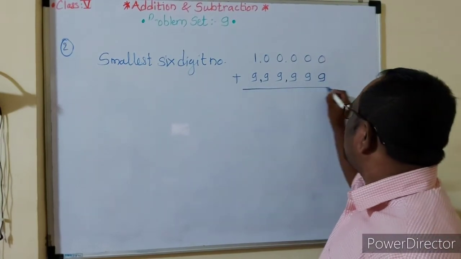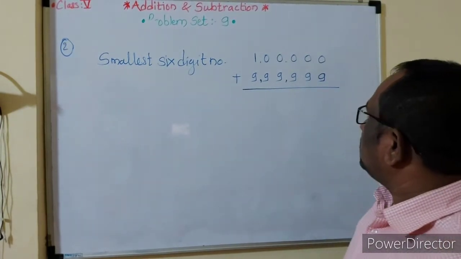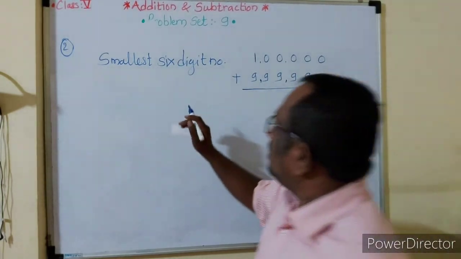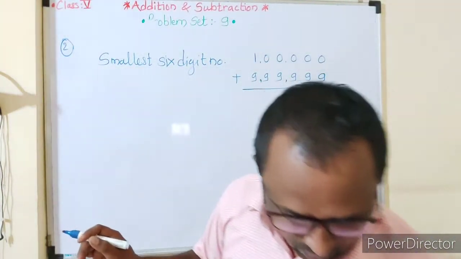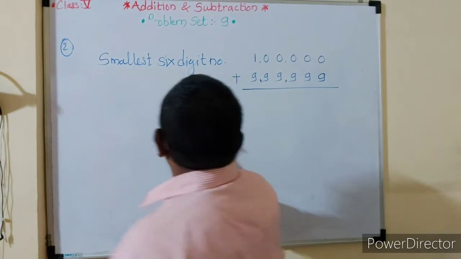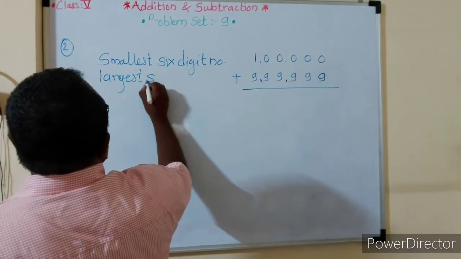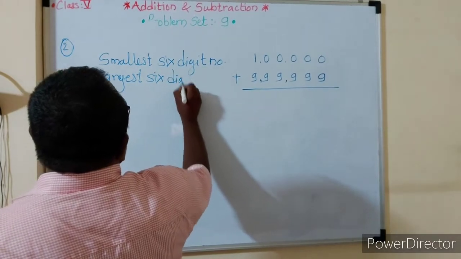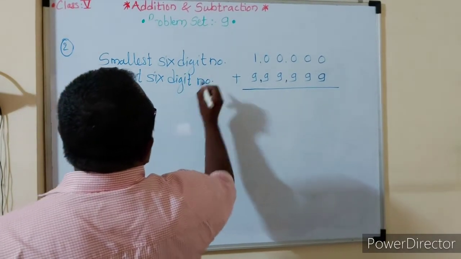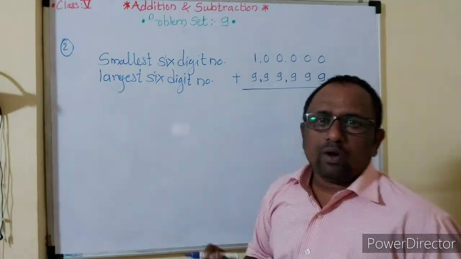This way you have to write the example now here: the smallest and the largest 6-digit number. Now we have to add.